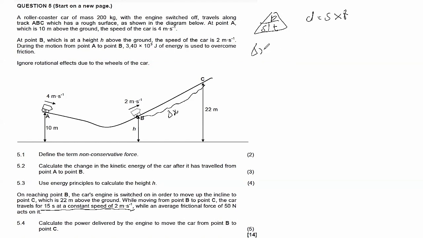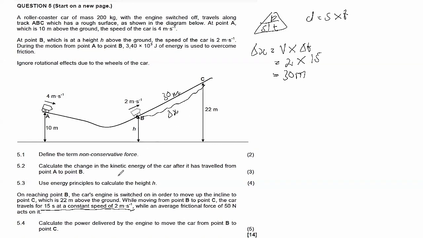So in order to find our delta x, we're just going to say the constant velocity multiplied by the change in time. So our constant velocity is 2 meters per second, then our delta time is 15. So this is going to give us 30 meters. So that means the displacement here is 30 meters, right?